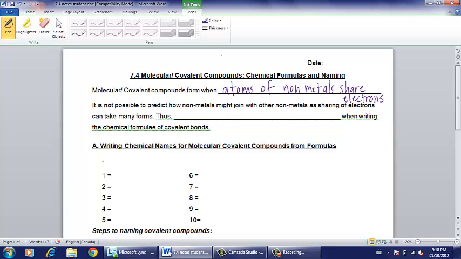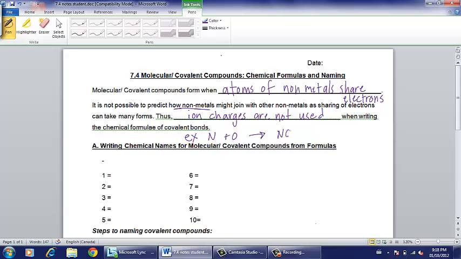And it's not possible to predict how nonmetals are going to join together because there are many possible ways that the sharing can take place. So ion charges are not used. We can't use ion charges when we're predicting the formulas. For example, if we want to combine nitrogen and oxygen, they can form many different products.